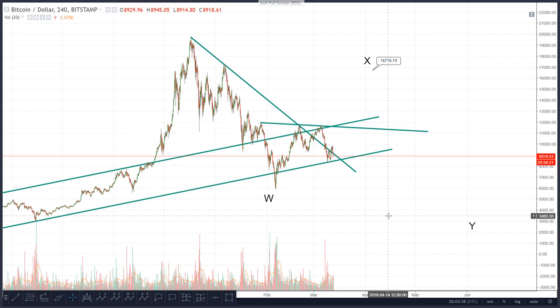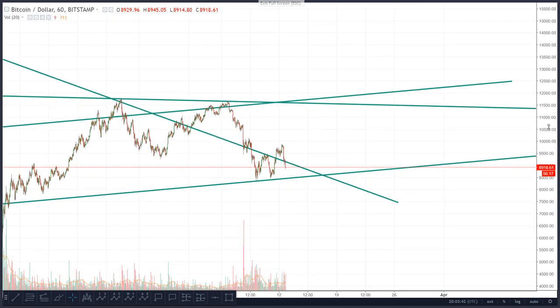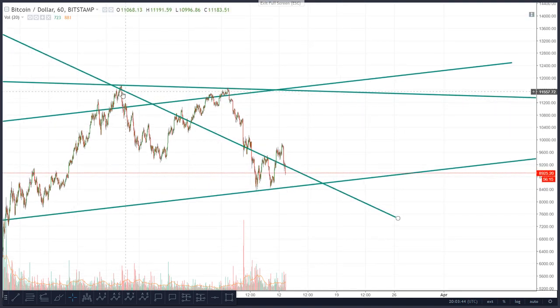Yeah, so if we just go back on the hourly, you can see that price has hit the line, and then it's gone through, again gone through, and now it's getting a little bit tighter to the line, and it's going to have to make a decision very soon whether it's going to go up or down, because it can't keep hovering around this line and making a new low, because that will invalidate this expanded flat pattern.